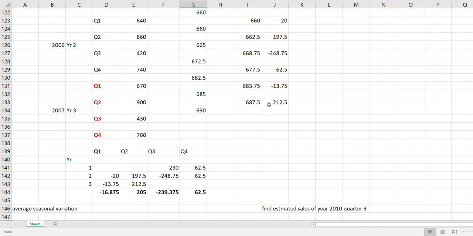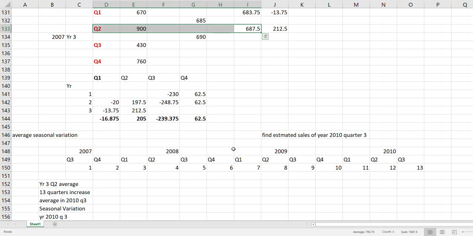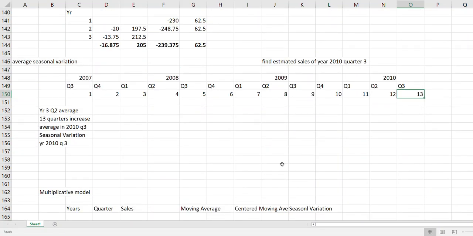If you see, the earliest average that we have available is quarter 2 for 2007. So we will start from quarter 3. So we have quarter 3 for 2007, quarter 4, and then quarter 1, 2008. So if you count up to this point, we have 13 quarters.